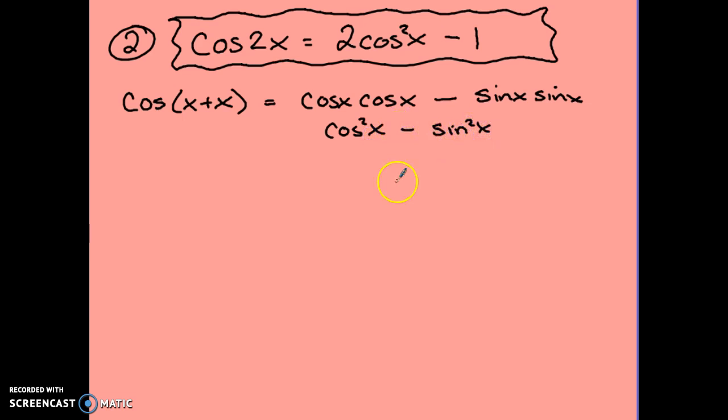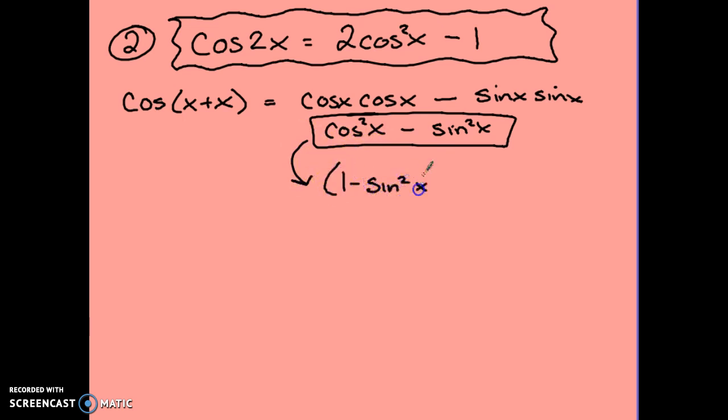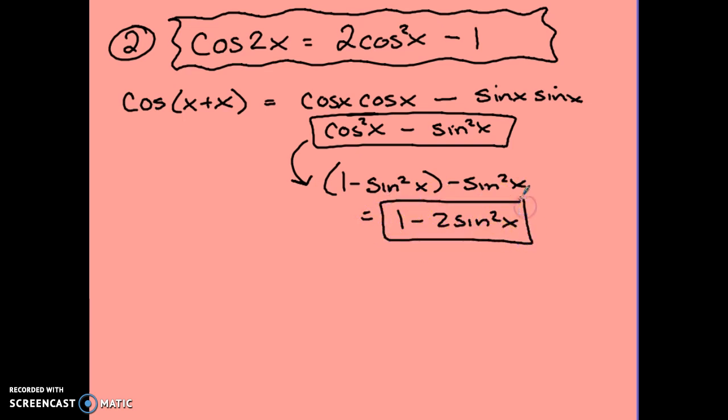So you can actually use this if you want, if you know what both cosine and sine are. You can also, you had this on your quiz, rewrite cosine squared to be 1 minus sine squared. That's one of our identities. Combine your like terms and you get 1 minus 2 sine squared. That works. Or another option is starting from this point.